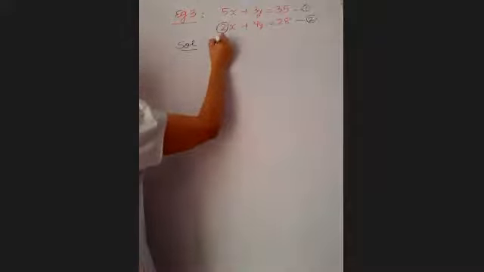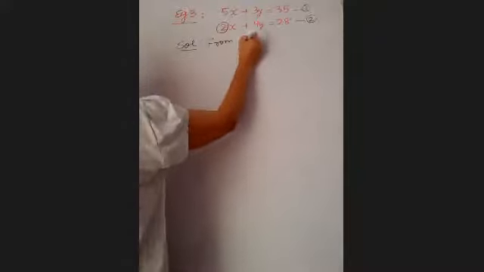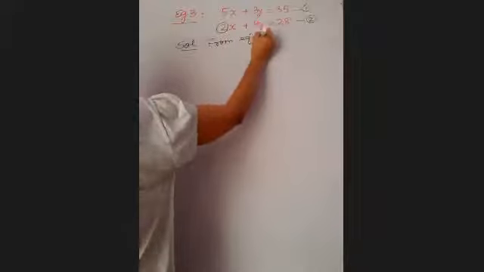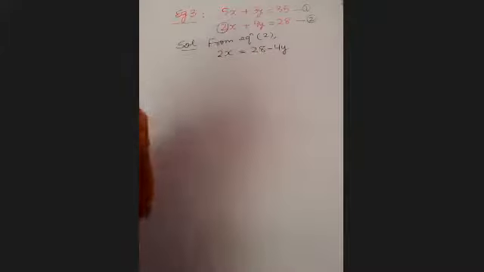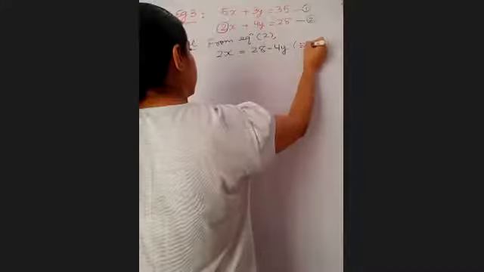From equation 2, 2x is equal to 28 minus 4y. Can we divide it by 2? Yes, ma'am. Here also it is possible to divide by 2.